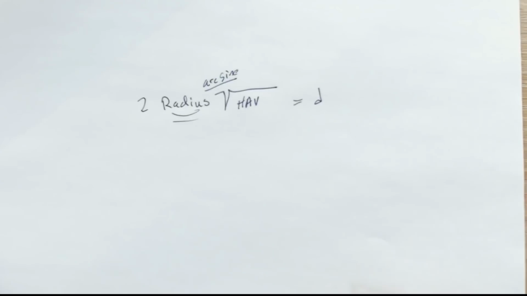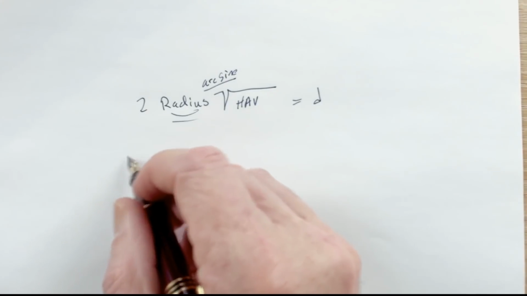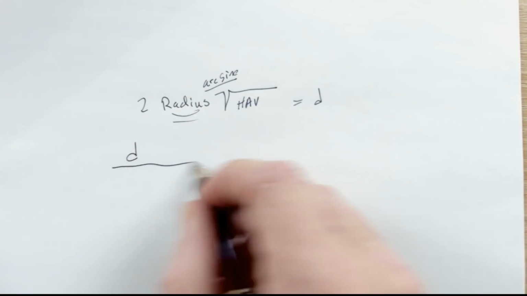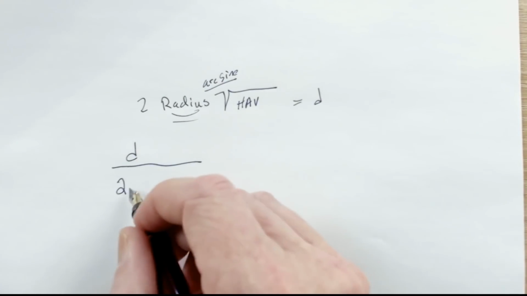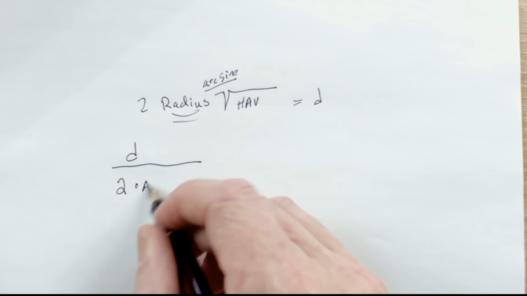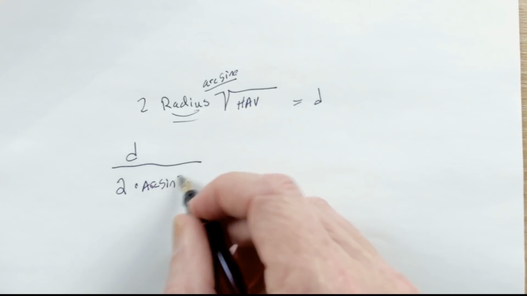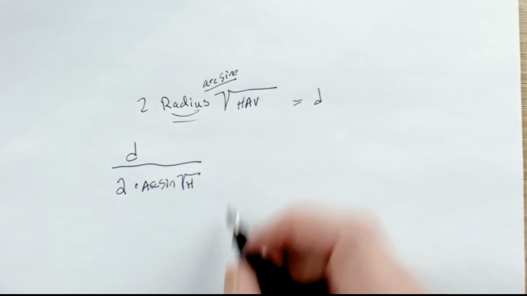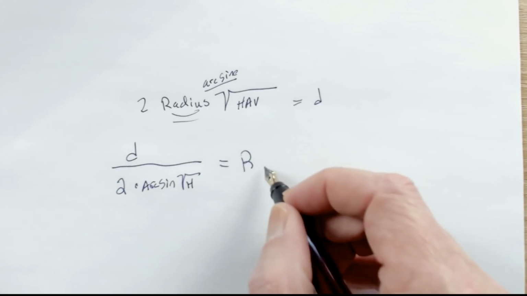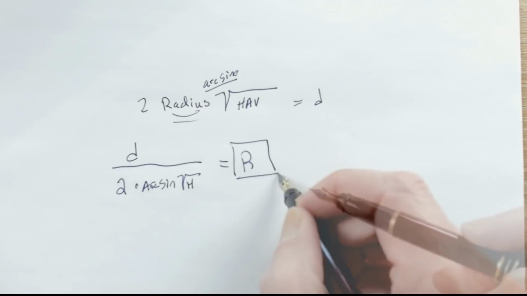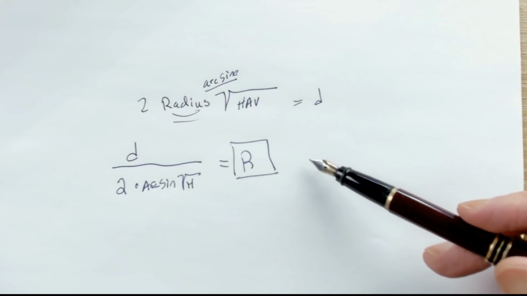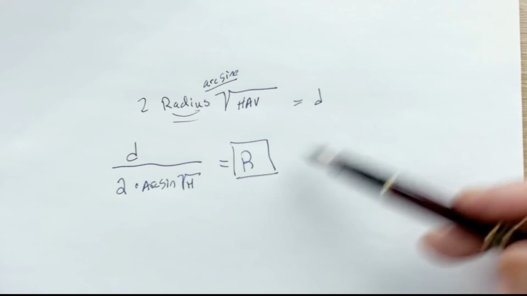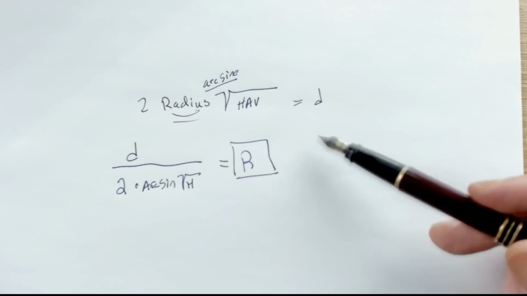Well, that's no problem at all. If we know the distance across the ground and we divide it by 2 times the arc sine of the square root of the Haversine, that will equal the radius. Now, it should already be apparent from our Sydney to Perth trip that we had the radius of the Earth because we put it in.